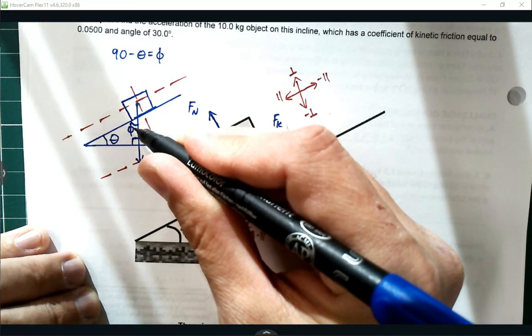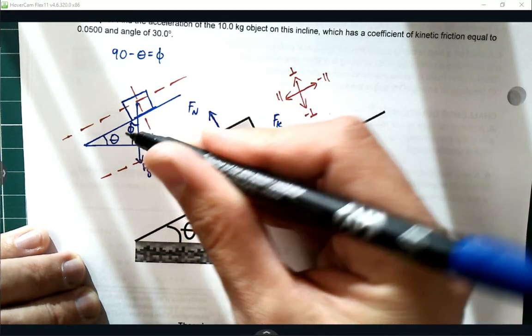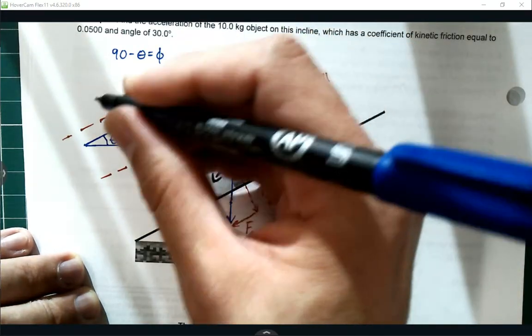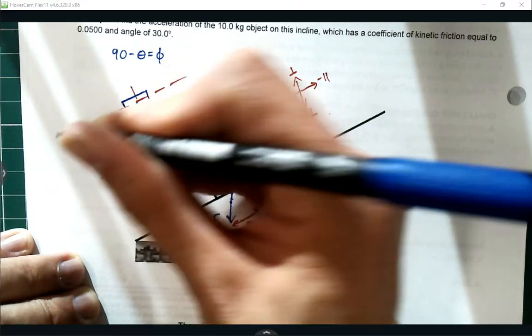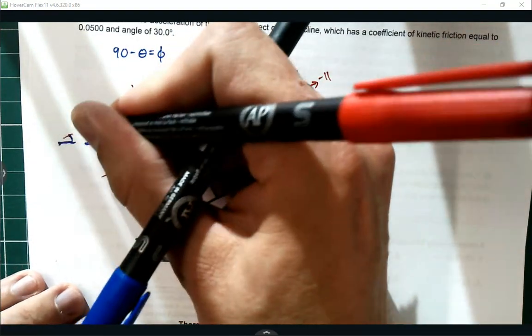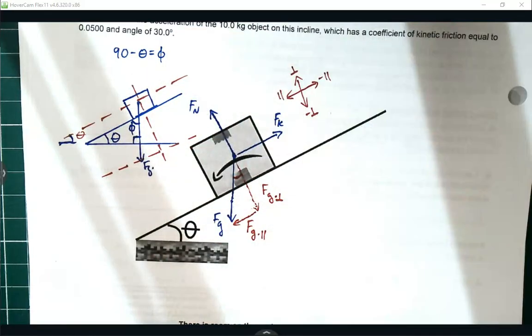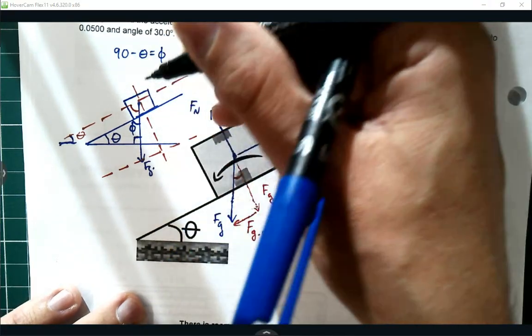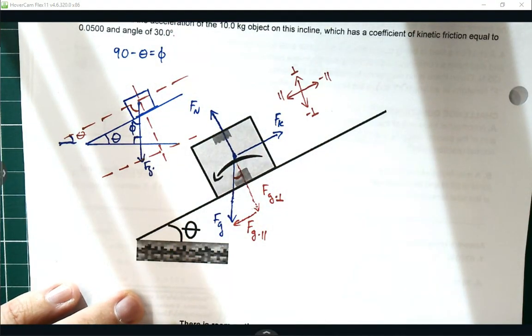If this guy here is phi, this guy here is theta, it seems to me that there could be an angle here that would also be theta by similar triangles, which means that this guy up here by similar triangles also has to be equal to what?